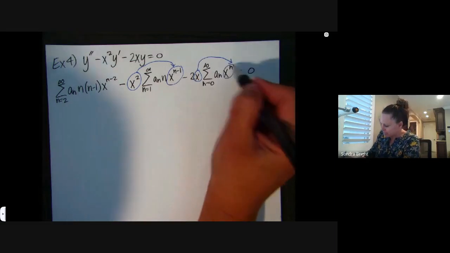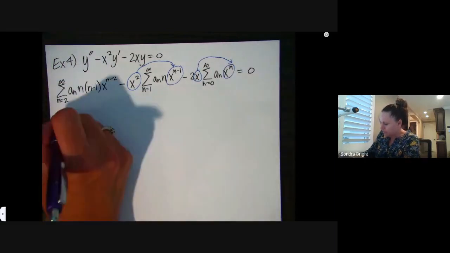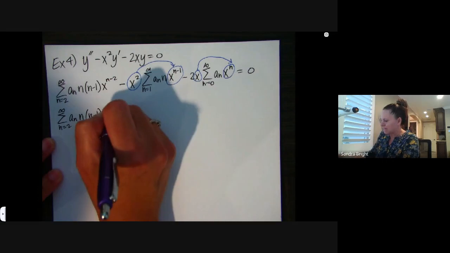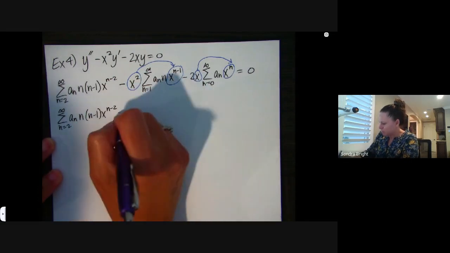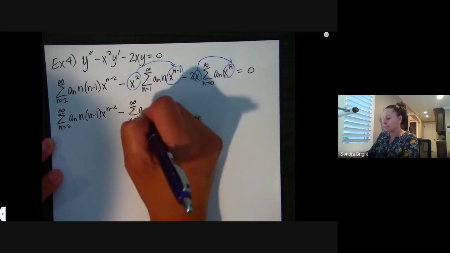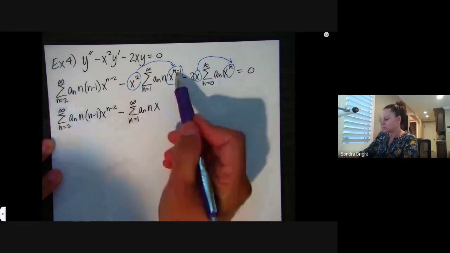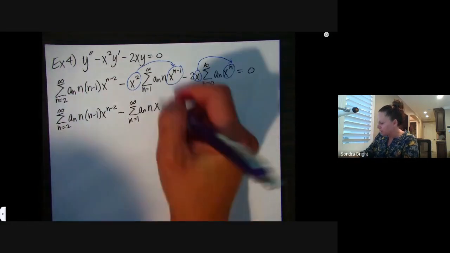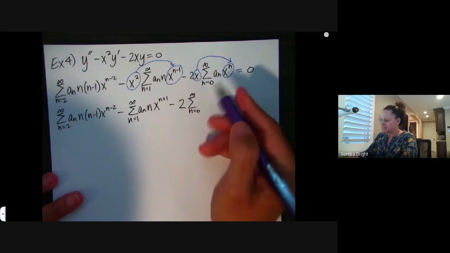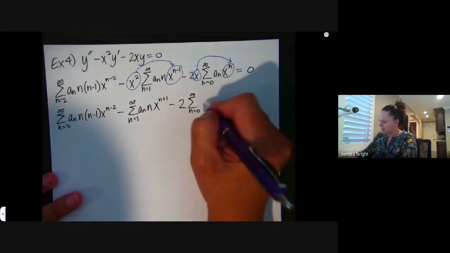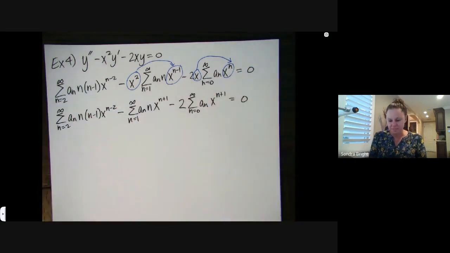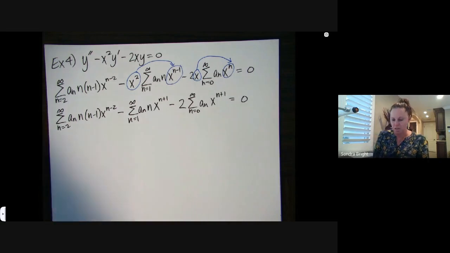So the first guy stays the same: going from 2 to infinity, a n times n times n minus 1, x to the n minus 2, minus sigma from 1 to infinity of a sub n times n times x to the n minus 1 plus 2, so it becomes an n plus 1, minus 2 times, going from n equals 0 to infinity, x times x to the n becomes x to the n plus 1.